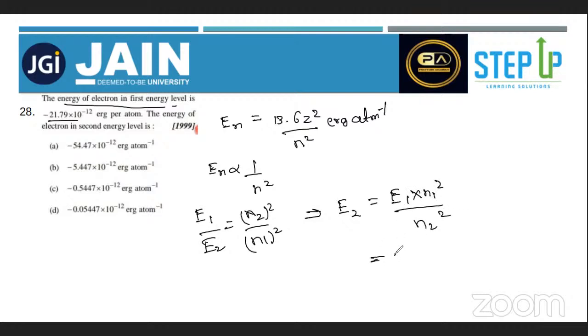E1 is negative 21.79 times 10 raised to minus 12 into 1 square upon 2 square. Basically, we divide this by 4, so I get a negative answer times 10 raised to minus 12. This will be the answer.